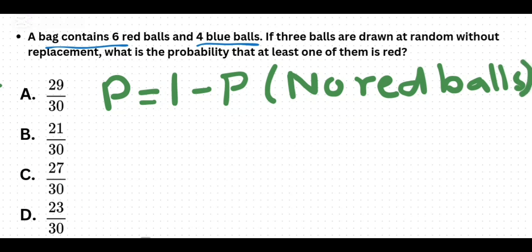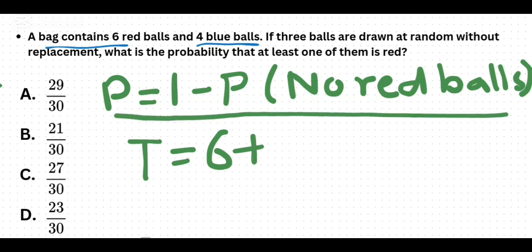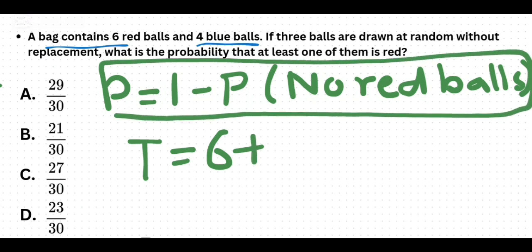No red balls drawn, right? So the total balls, if you see, 6 plus 4. Guys, this above one is a formula. Now we are solving. 6 plus 4 is equal to 10. This is the total outcome.